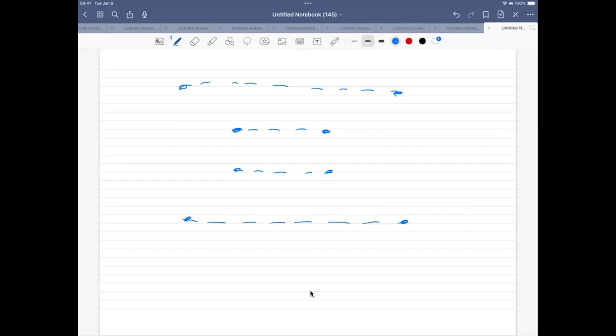So I'm going to have a hole line here. And I'm going to have a hole line here. And then I'm also going to set up a hole line here and a hole line here.